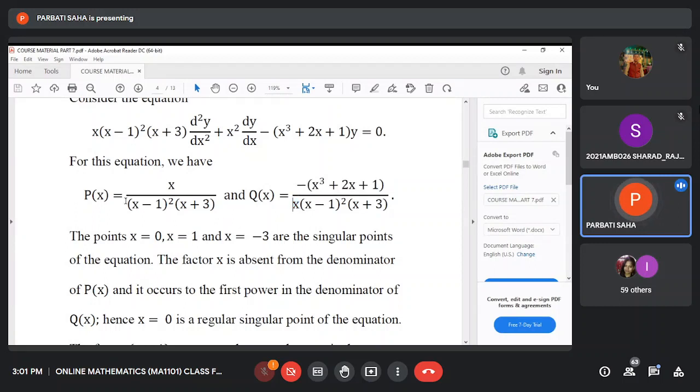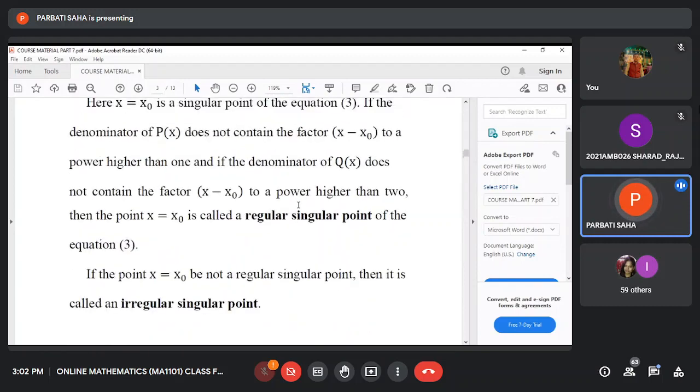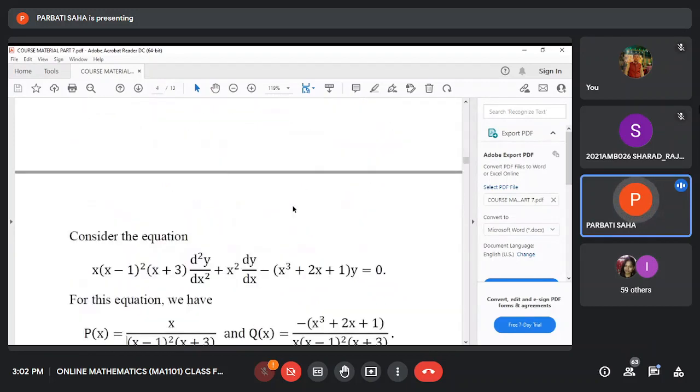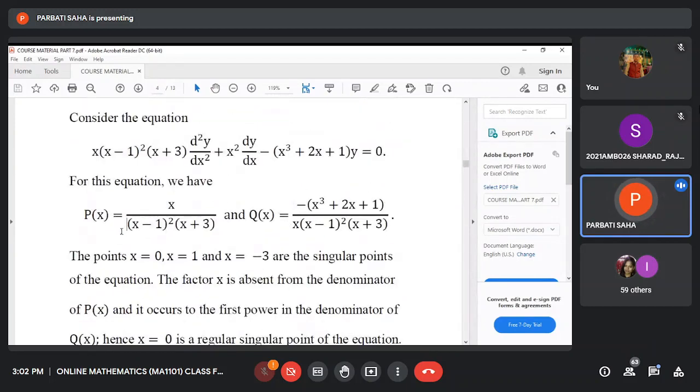Since this factor in the denominator you may write as x to the power 0, and in this case the denominator is x to the power 1. So this power of x is less than or equal to 1, and this power of x is less than or equal to 2. So both these conditions, which are required for a regular singular point, are satisfied. So x equals 0 here is a regular singular point.